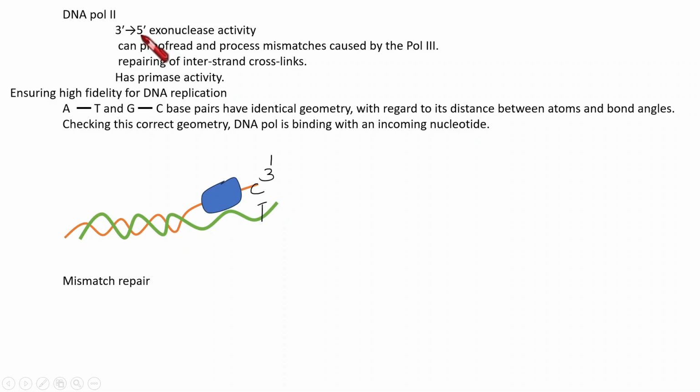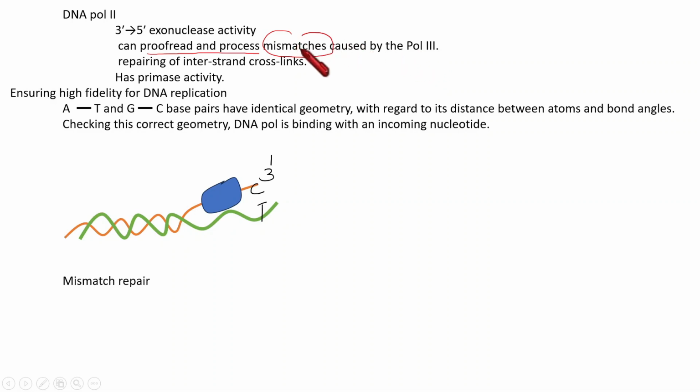So, let's once more come back to the case of DNA polymerase 2. It has 3' to 5' exonuclease activity. Also, it can proofread. It can proofread and process mismatches that are created by DNA polymerase 3 while adding the deoxyribonucleotides.